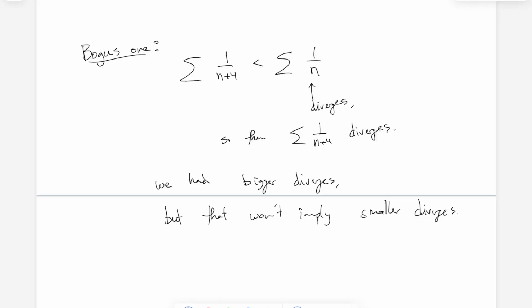The comparison test says if the bigger one converges, then the smaller one converges, and if the smaller diverges, then the bigger diverges. But this is the wrong way around, all right? So you just can't argue it in that way.